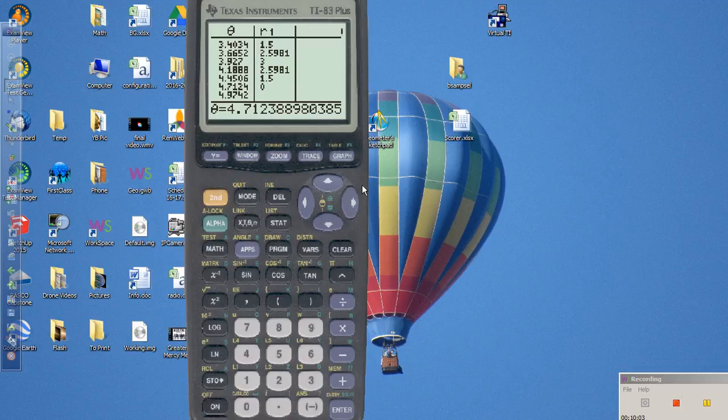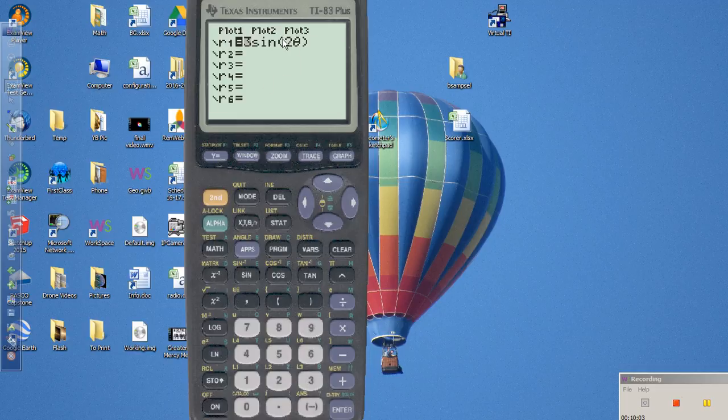Do you follow what it is for that? So just put y equals, put the equation in, table setup, start it at 0, and put π/12 here. Now, what would happen if I put, say, π/6?